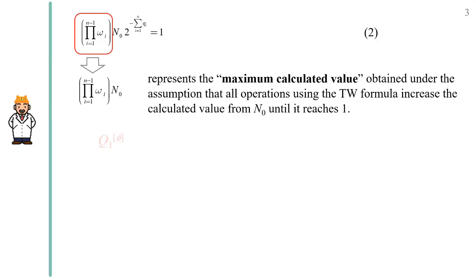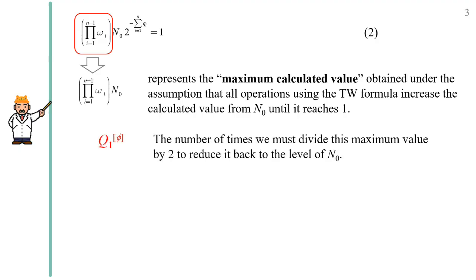Let q sub 1 super phi be the number of times we must divide this maximum value by 2 to reduce it back to the level of n sub 0. Here, the superscript phi indicates the value of q sub 1 when the coefficient of the TW formula is phi.